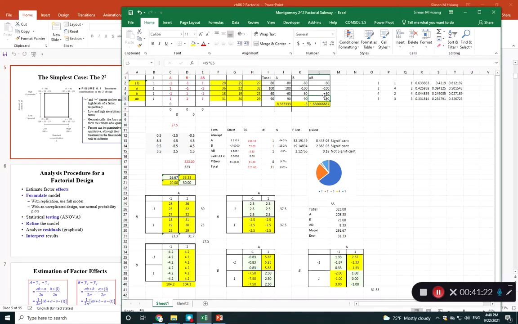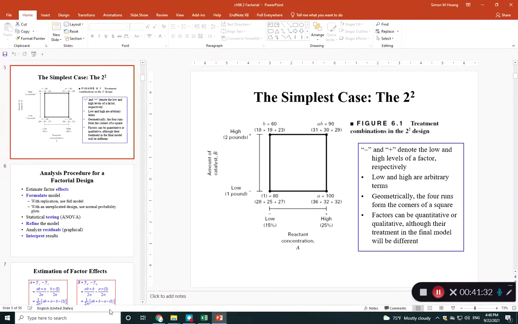Okay? And why are we doing that? So now I'm saying, what is my A effect going to be evaluated as? My A effect really is: I'm moving from the low end of the wall to the high end of the wall, moving from this wall to this wall, and I'm increasing or decreasing.